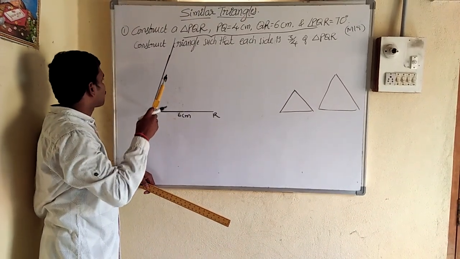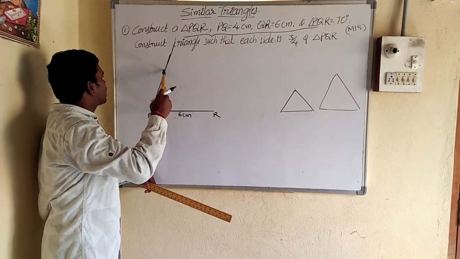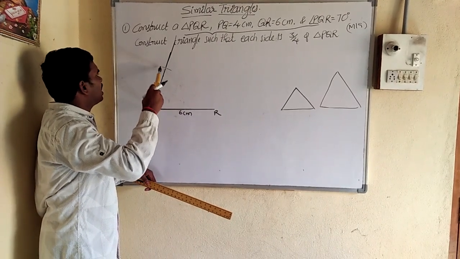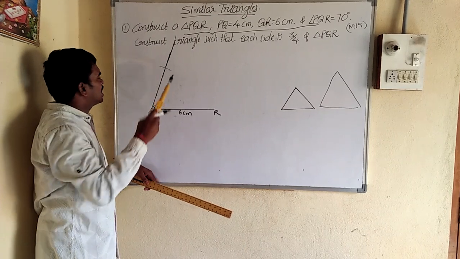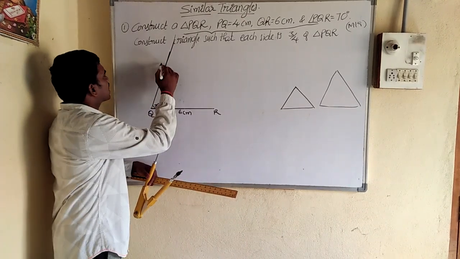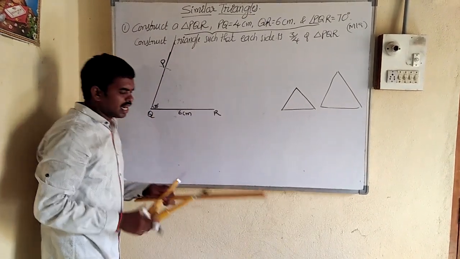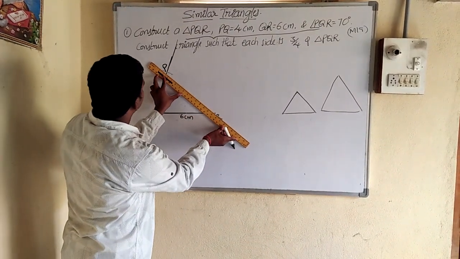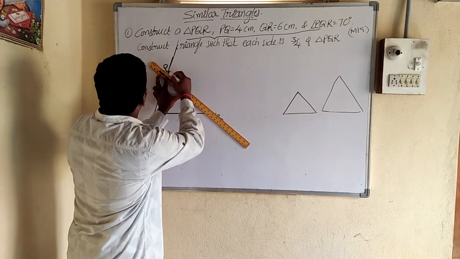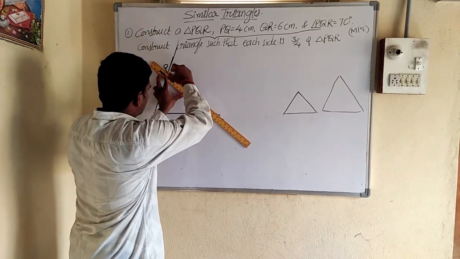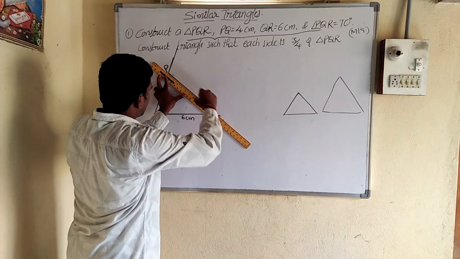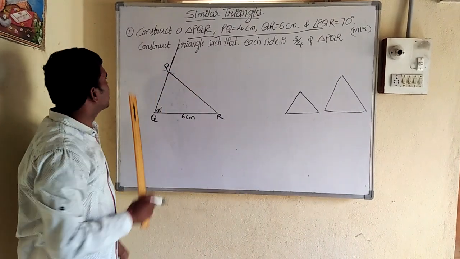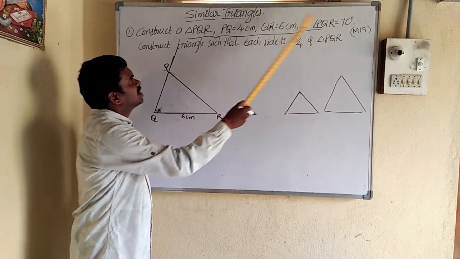So with the help of a compass, drawing an arc with center Q, this point is taken as P. Next, join PR. Joining P and R, this is triangle PQR for the given information.